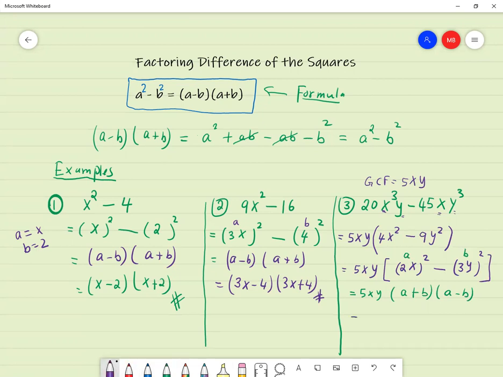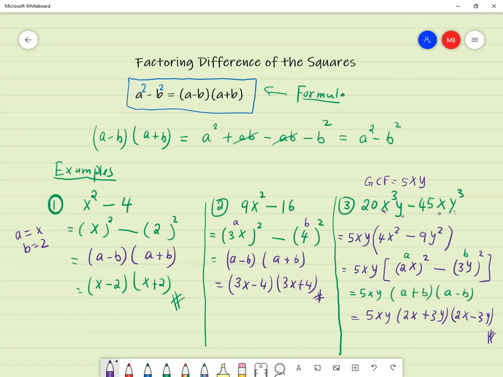So I'm going to put 5xy right here. So a means 2x, so 2x plus 3y, because b is 3y, and then 2x minus 3y. So this is the complete factorization of this a little bit complicated polynomial.